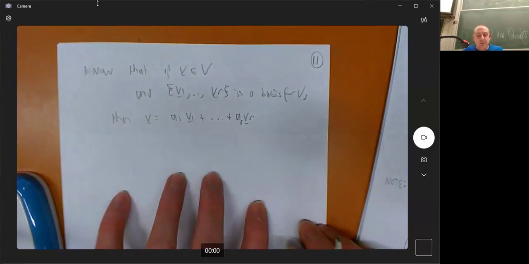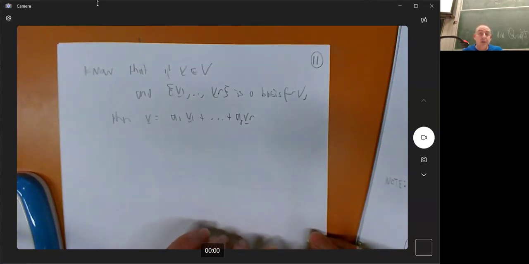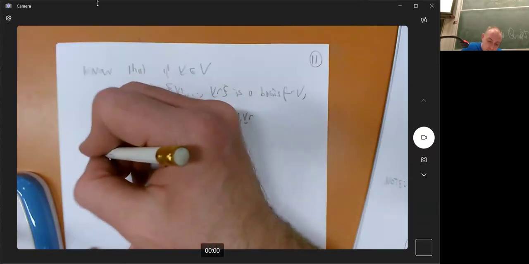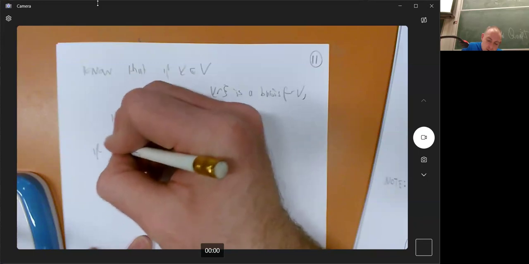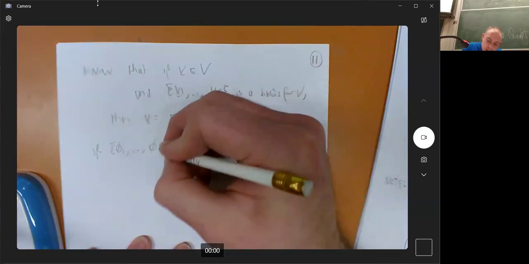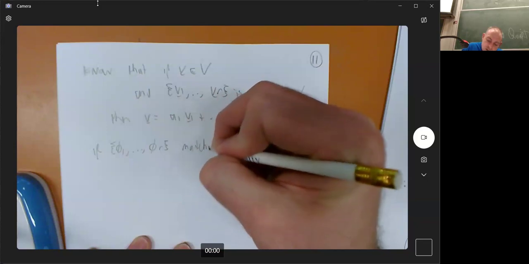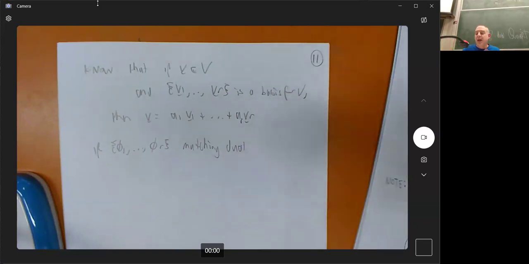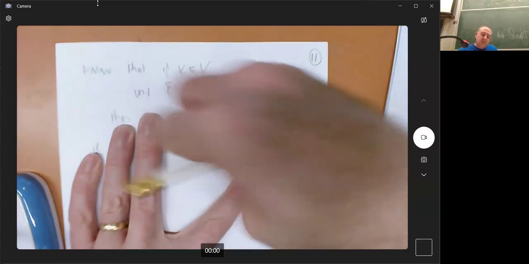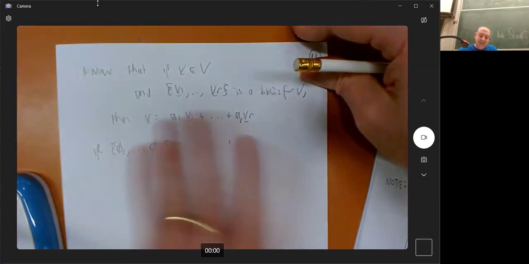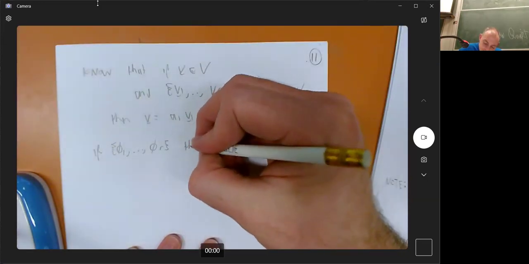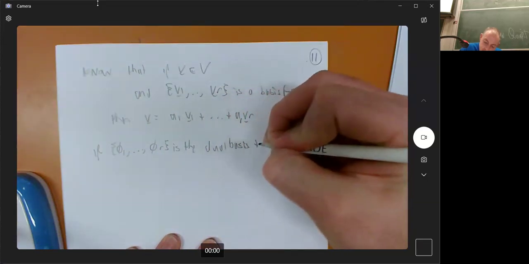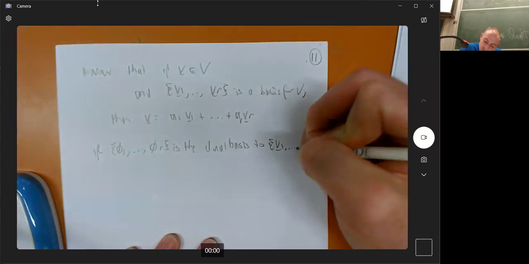And it turns out that if you've got a dual basis, then it tells you what these coefficients are. If phi1 up to phi r is the matching dual basis, that's just in my head, it's called a matching dual basis, but that's not the official title. It's the dual basis to v1 up to vr.